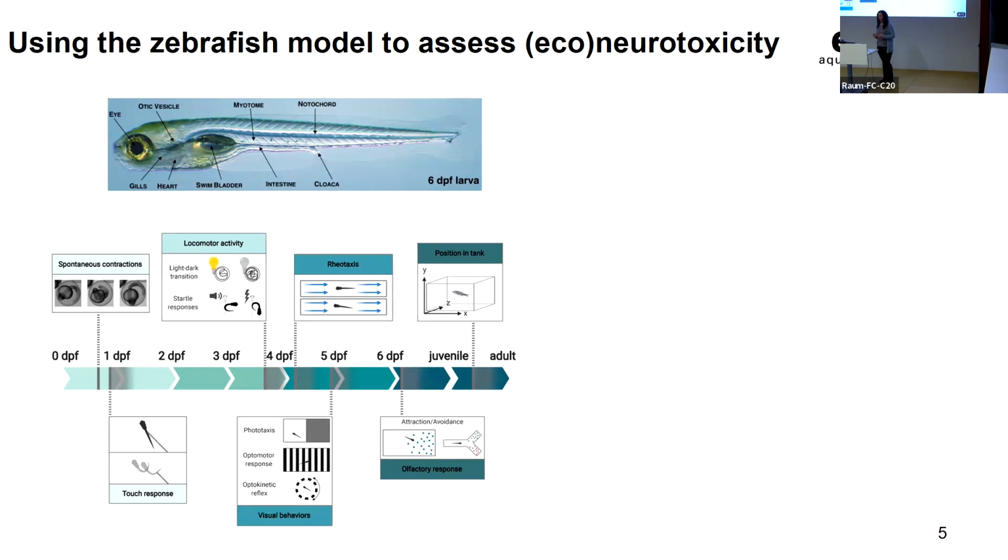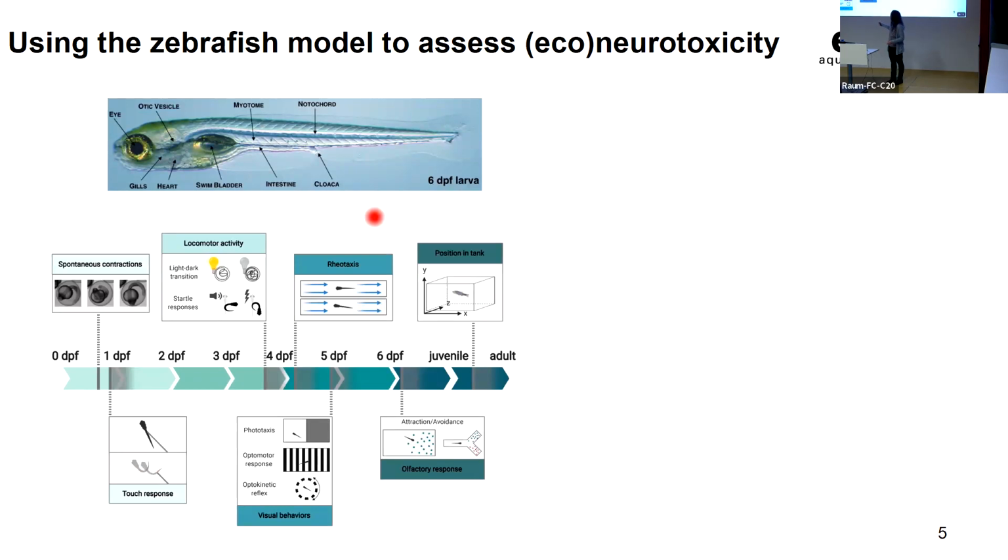And this is nice because then we can use these behavioral reactions as a readout for the functionality of the nervous system. So for example, around 18 hours, spontaneous contractions start, and around 1 day, the larva becomes touch sensitive and reacts with a burst swim.